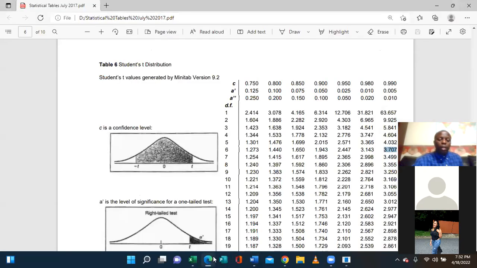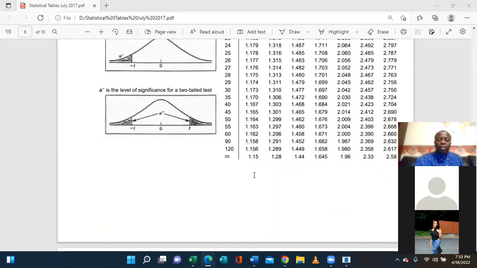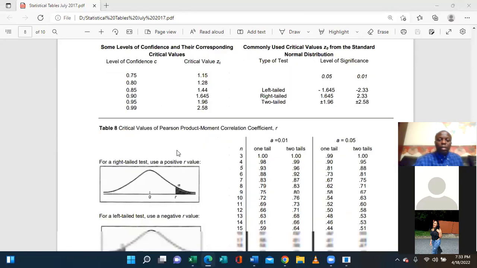On the table, we look for z alpha over 2 for 95%. It's right here: 1.96. So we are lucky it's on the table and we can just pick it up. Okay, go back to our workbook.